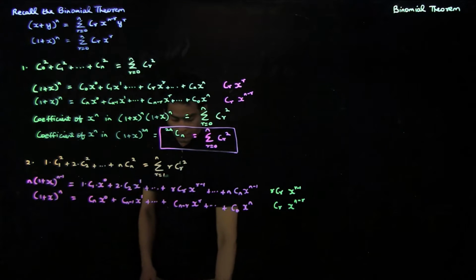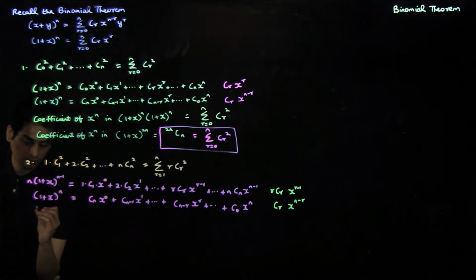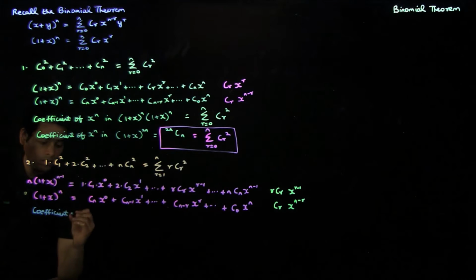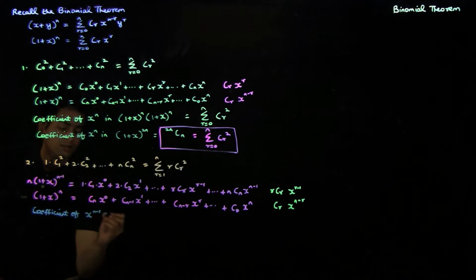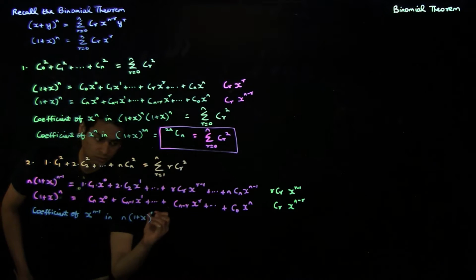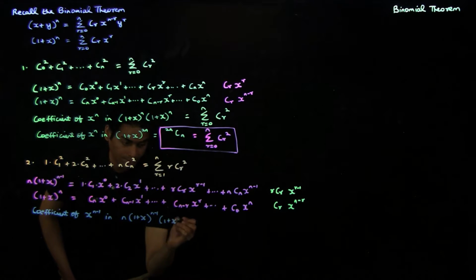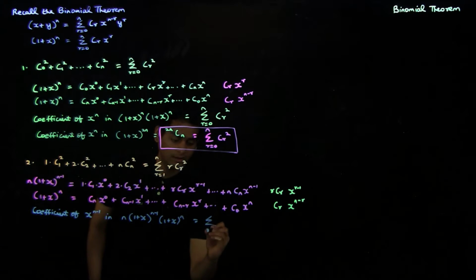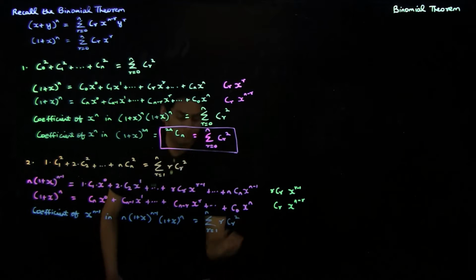So we have that the coefficient of x power n minus 1 in n times (1 plus x) whole power n minus 1 times (1 plus x) whole power n equals summation r equals 1 to n of r CR square.